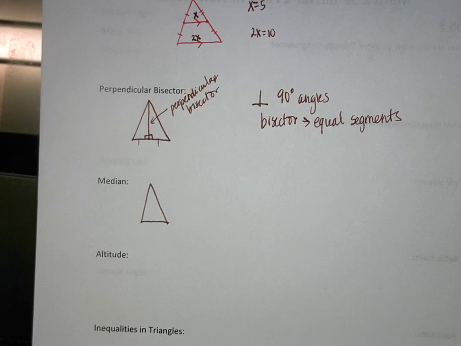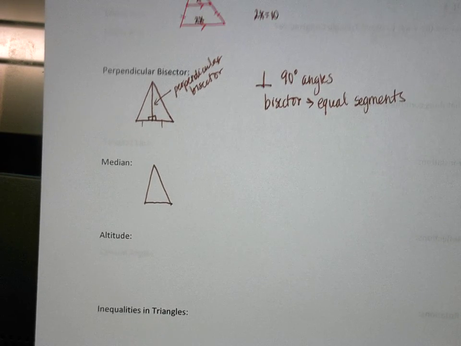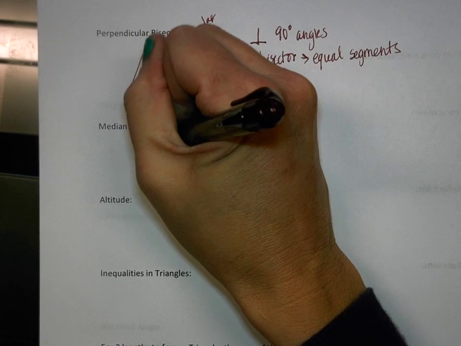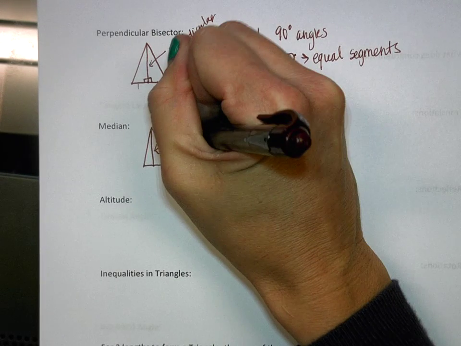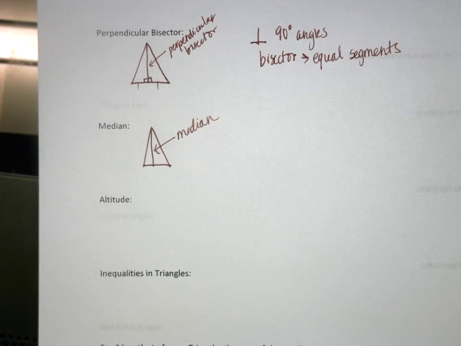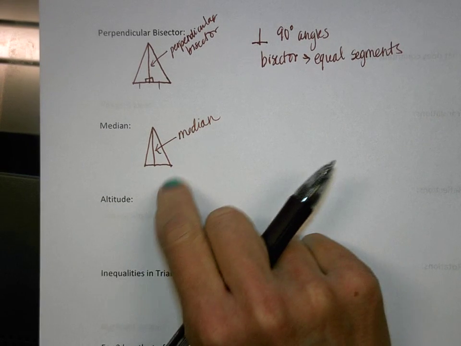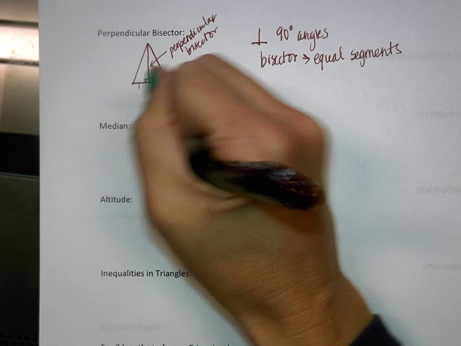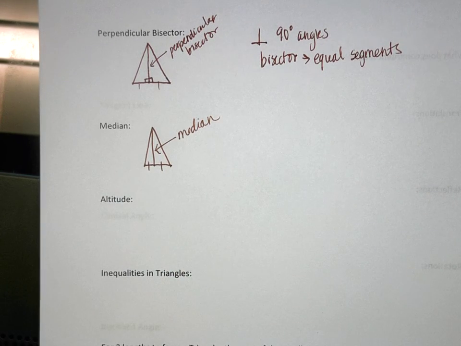All right, median, we're going to draw another triangle. Anybody know what the median does? In the middle somewhere. Very good. So you draw a line here. That is the median. But it doesn't say perpendicular bisector, so it doesn't necessarily make 90-degree angles. But a median is in the middle, and so that means that it cuts that into equal parts.